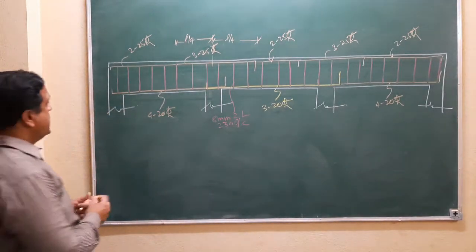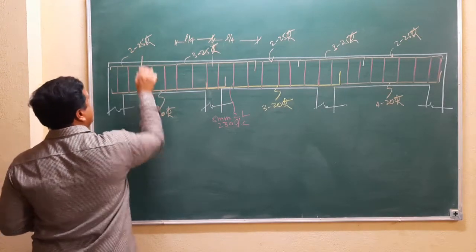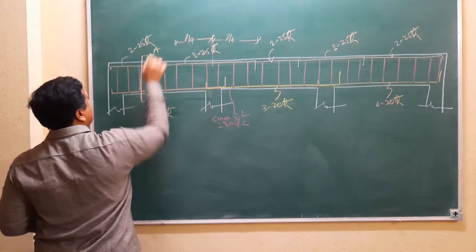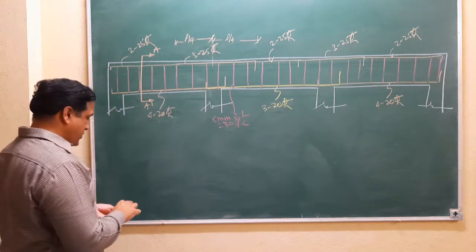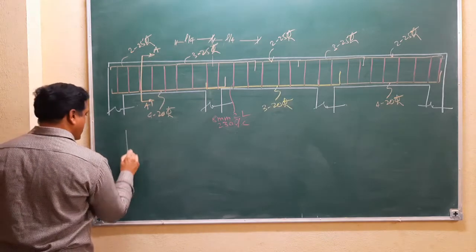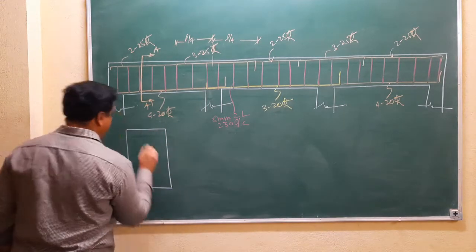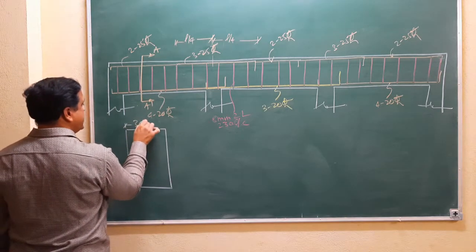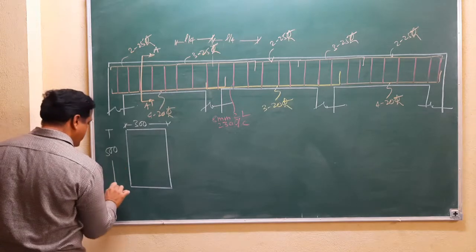Now what? If you take the cross section at this location, that will be this A dash. If you cut the beam at this location, so what is the cross section of the beam at this location? The width of beam is 300 mm, overall depth is 500 mm.